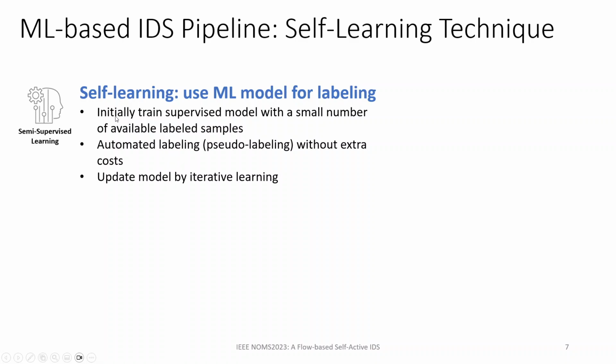In this case, we initially train a supervised model with the available small label data set, and then we use that model to predict over the unlabeled data. Then, based on some criteria, we accept some of those labels, which is so-called pseudo-labeling. After pseudo-labeling the unlabeled data, we retrain the model.